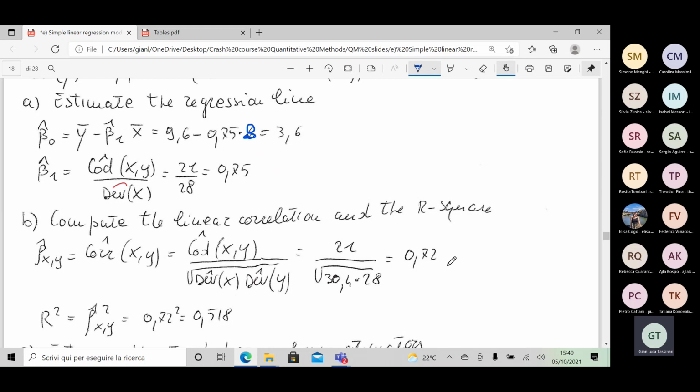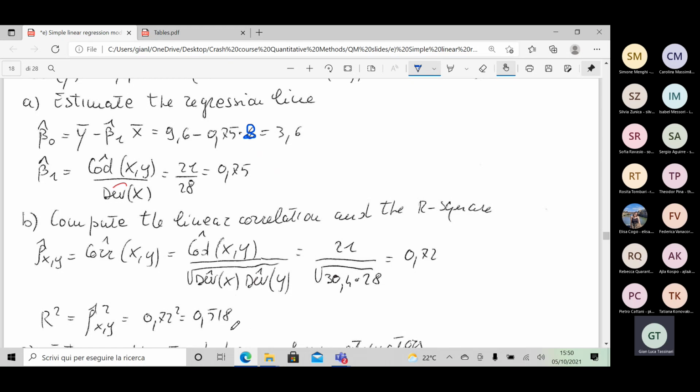How can you compute the R square? Well, in this case, since we computed already the correlation coefficient, and I told you that in the simple linear regression model there is a very easy formula to get the R square, which is simply R square equal to the correlation coefficient raised to the power 2. If you raise it to the power 2, you see the goodness of the fit is this number, 0.52. So you see, it's not really huge.